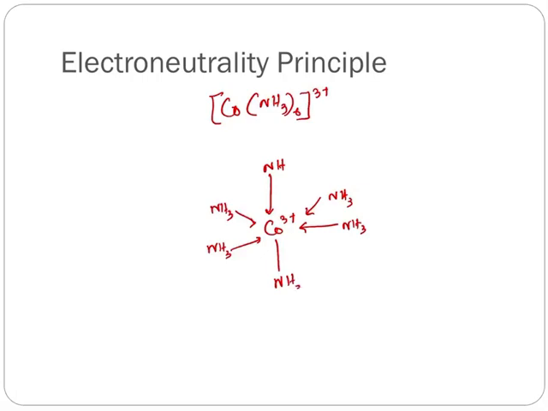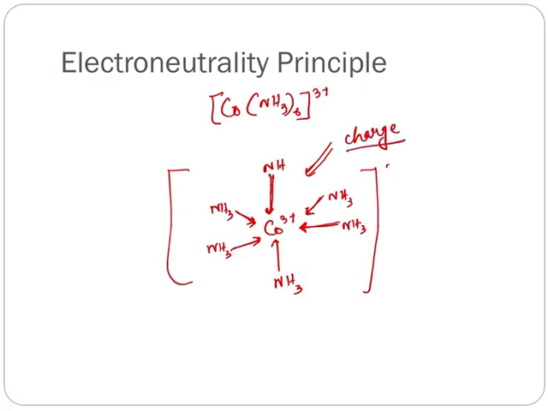In that way they are forming bonds. So if you see that every atom is pushing its electron towards the central metal atom, there is an increasing amount of charge on the metal atom.